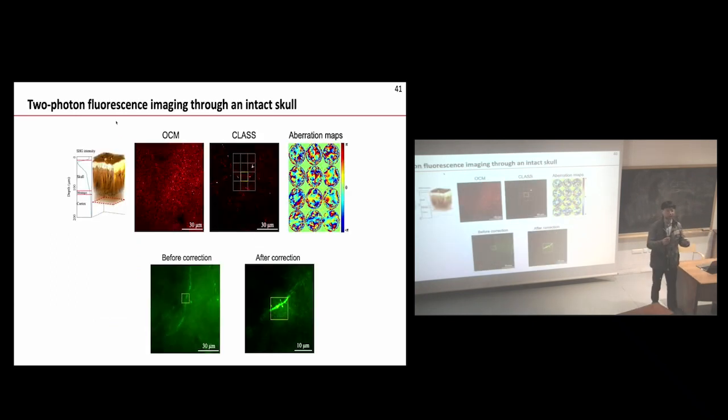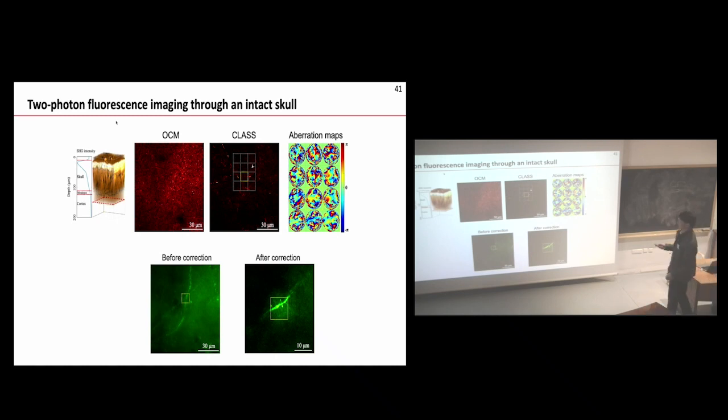So this opens the possibility of applying this to multiphoton imaging, which requires physical focusing. With our measurement, we find the aberration map. One thing interesting here: we have myelinated axons, but in areas that don't have myelinated axons, you can still find an aberration, because the tissue structure there will generate scattering from the thin section of tissue.